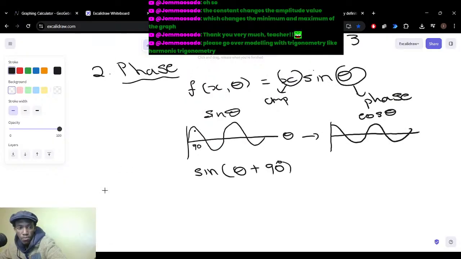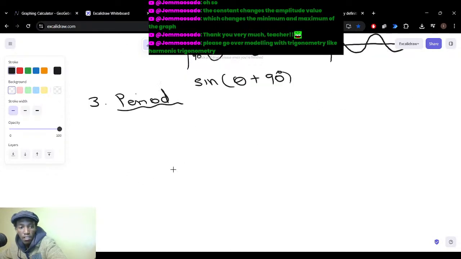And we move to, I think, the most important definition of a trig concept, which is called a period. So what is a period? Let me draw a graph once again.